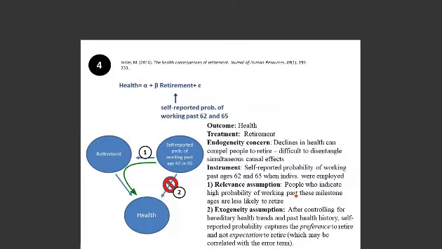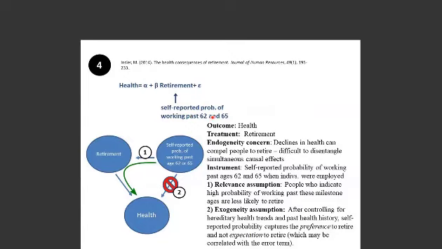And then this instrumental variable only captures preferences to retire or expectations to retire that are non-health related. Because if they were health related, it would be components that are health related in the error term that would make our instrumental variable endogenous.